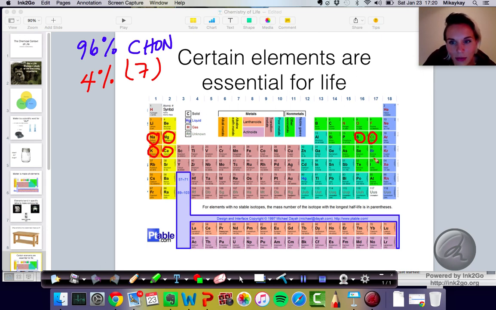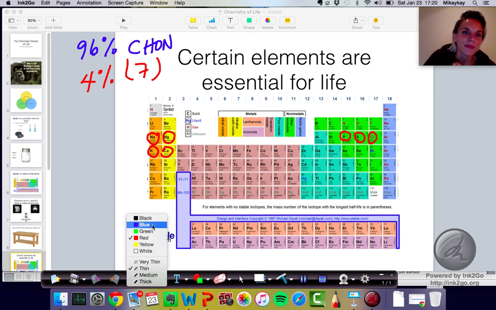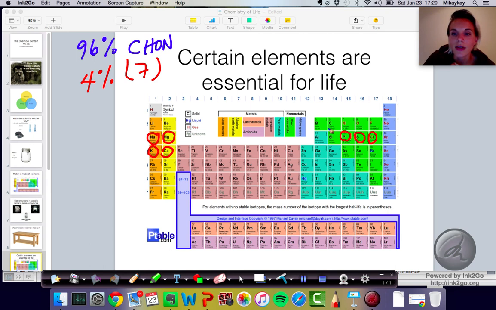I'm totally spacing out on which one it is. Oh, here, phosphorus. And I'm going to circle our CHON. Oh, hey, look, they're really close to each other. Anyways, so we have those.